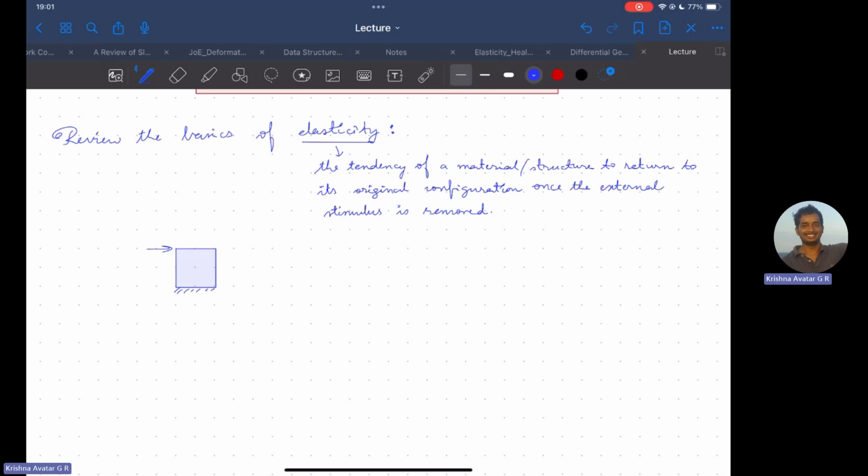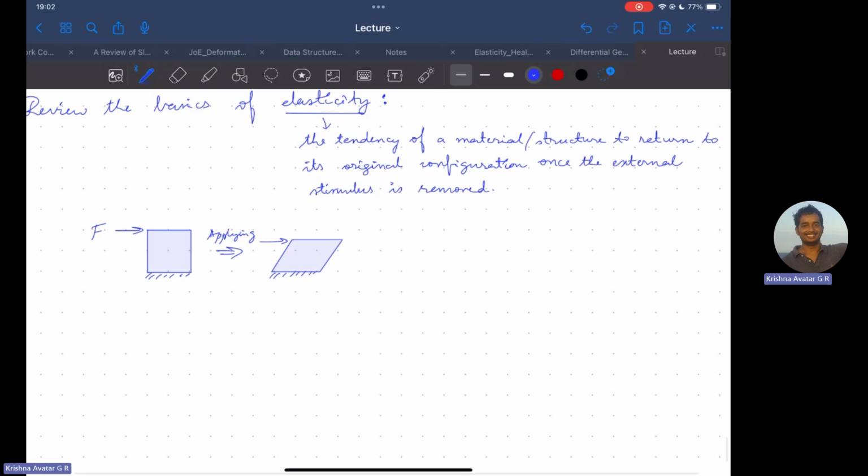After applying this force, it will assume this particular form. Say, maybe with slight exaggeration, let this be the deformation as the force F is being applied.